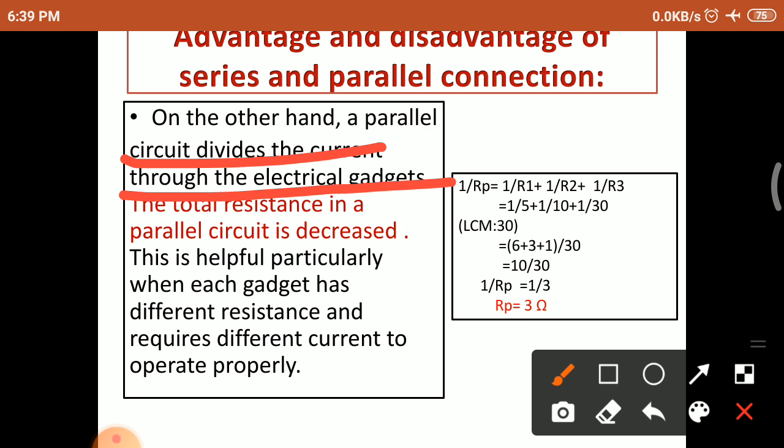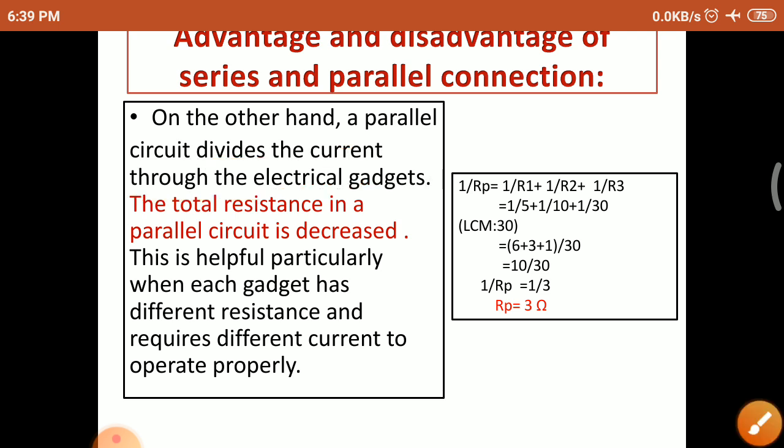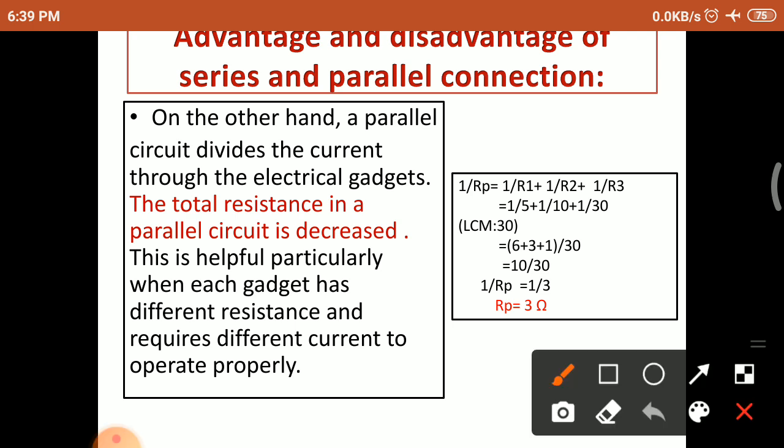So we can connect different electric gadgets in parallel combination. Home electric circuits are given only in parallel combination. So mostly we select parallel combination in domestic electric circuits, because a TV needs some current and a refrigerator needs some current.